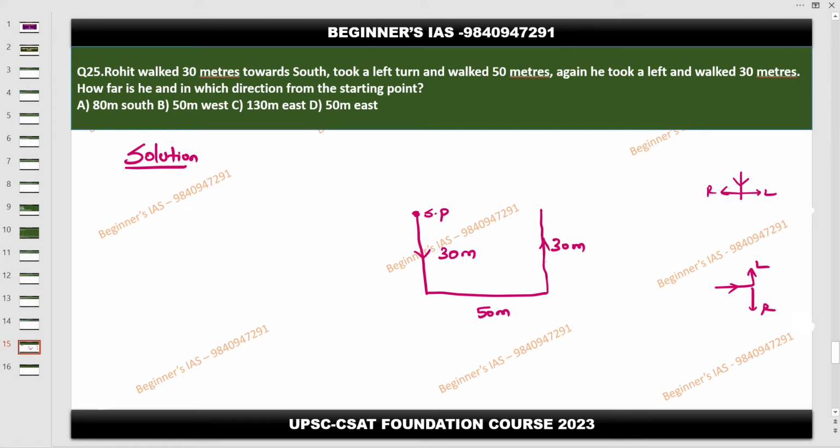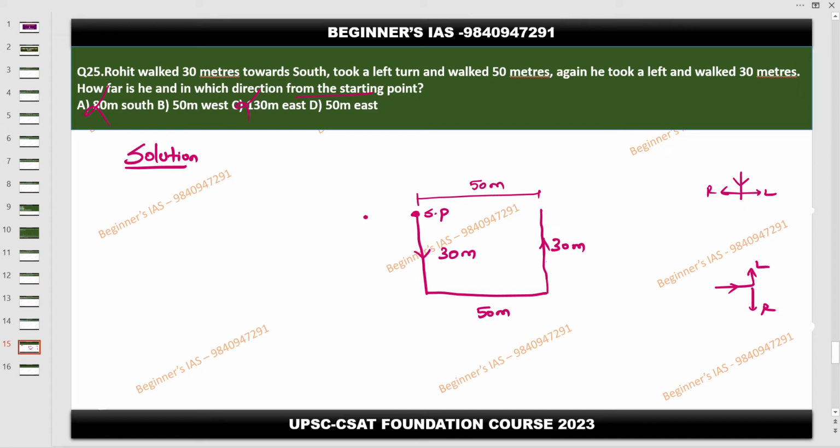Now the question is, in which direction is he pointing from the starting point? And how far, also, you need to calculate. So this is the starting point. Here obviously the distance is 50, so they're asking this one. This is going to be the 50. So we can eliminate 50%. Then in which direction?